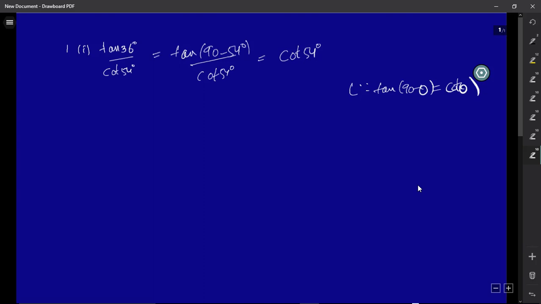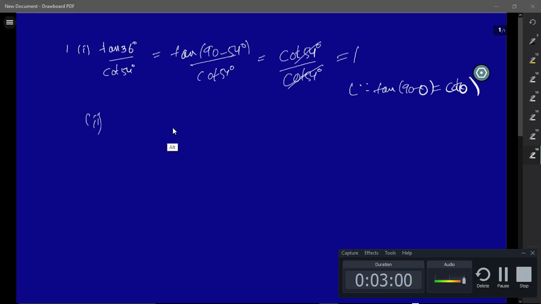In place of theta, what do I have? 54 degrees. By cot 54 I'm writing as it is. Cot 54 gets cancelled, and I get the value as 1.